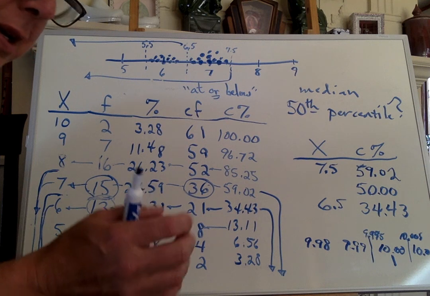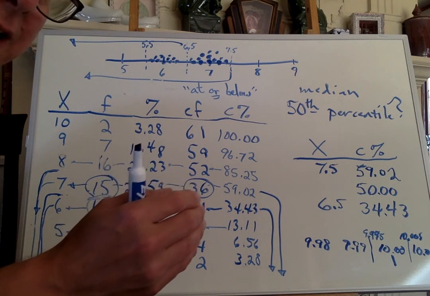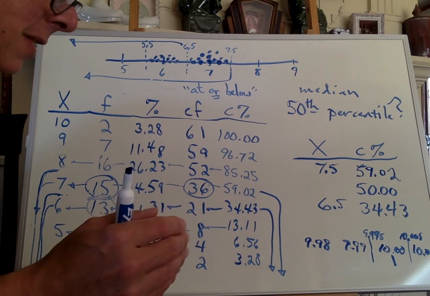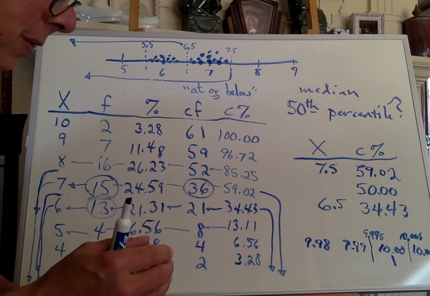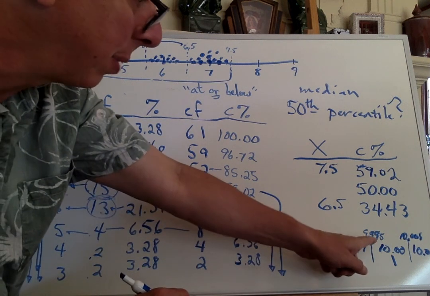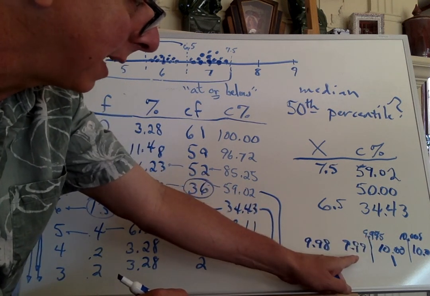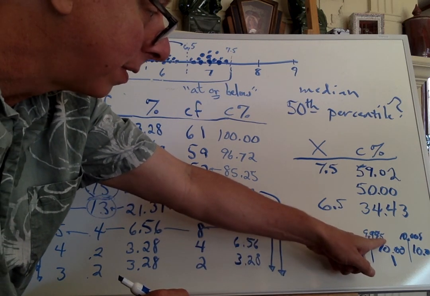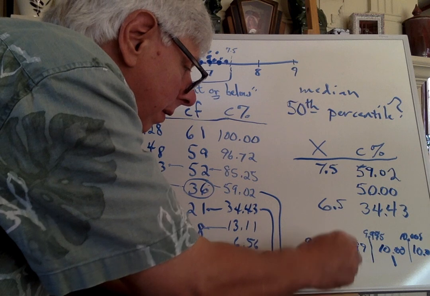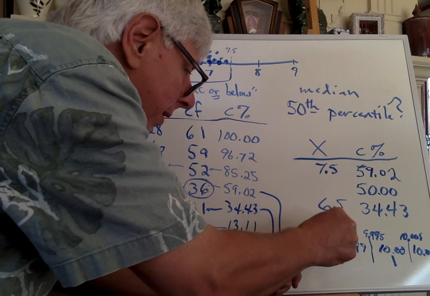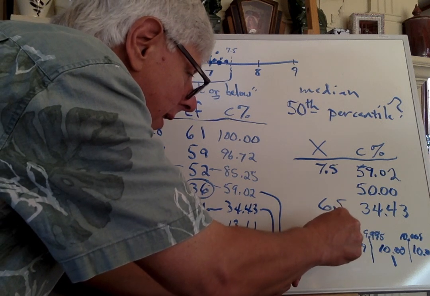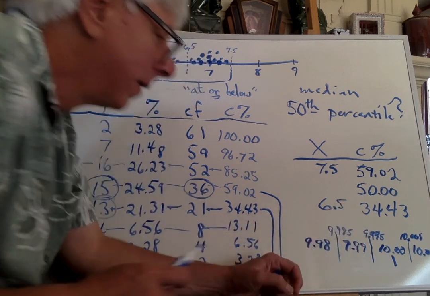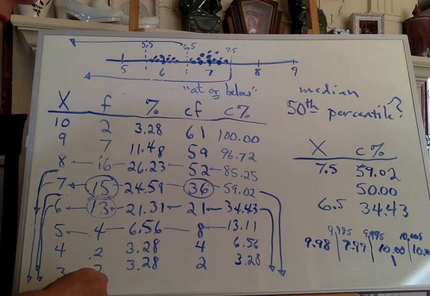But there's stuff in between there, right? Because gasoline is a continuous variable. So in this case, the upper real limit for $9.99 is 9.995. The lower real limit is 9.985, okay? And so on and so forth.